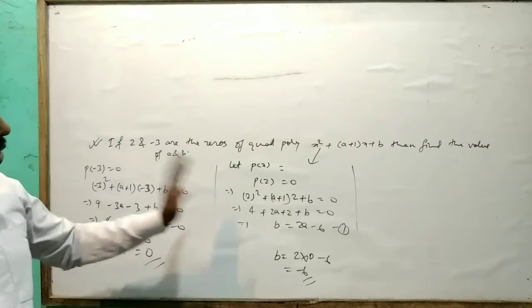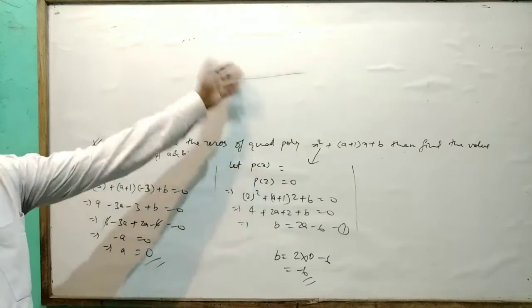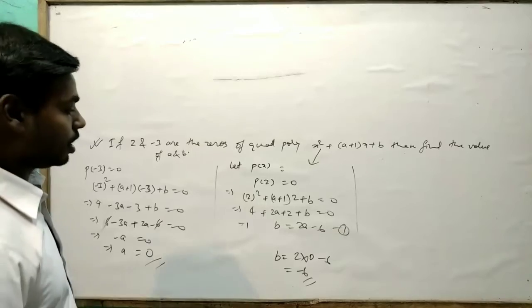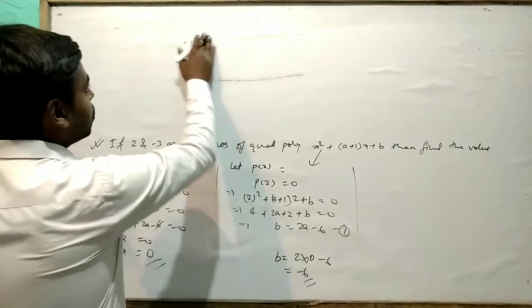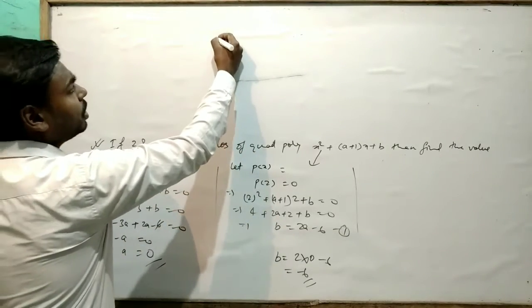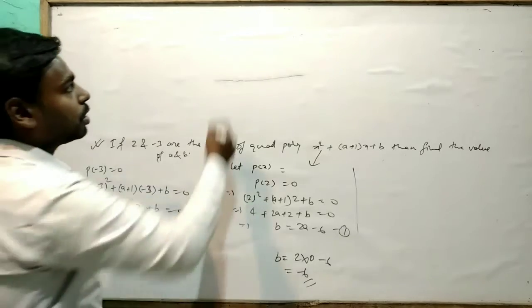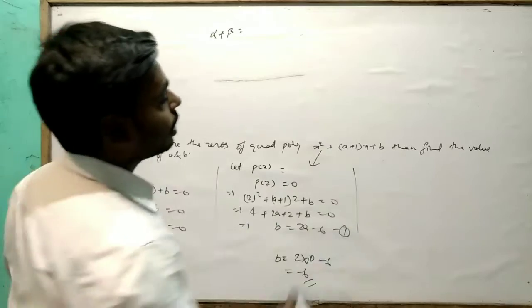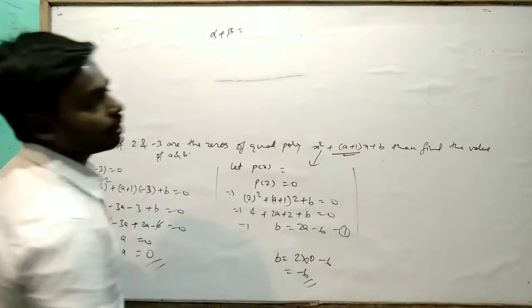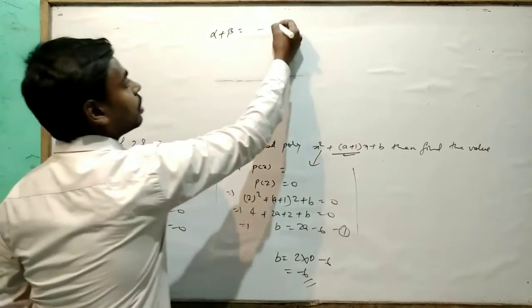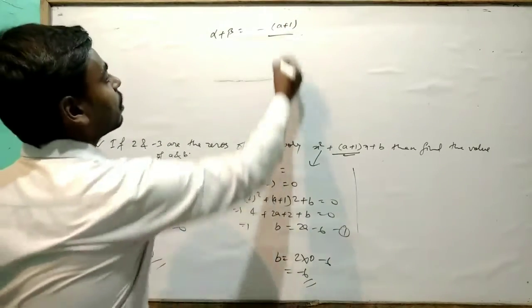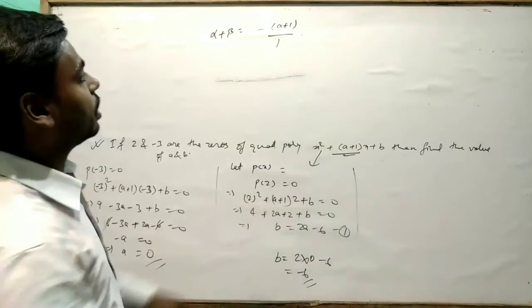Okay, we can solve this question by an alternate method. How is it? First we take the sum of zeros. We know the sum of zeros, alpha plus beta, is equal to minus b by a. Here b is equal to a plus 1, and a is 1, the coefficient of x square.